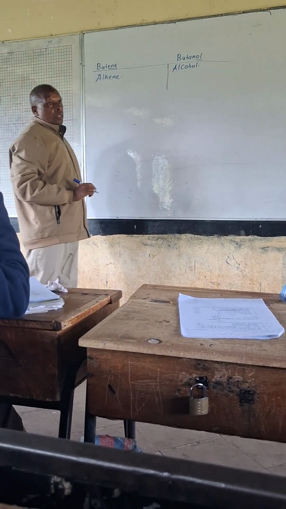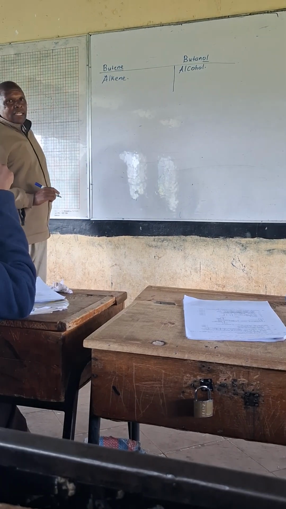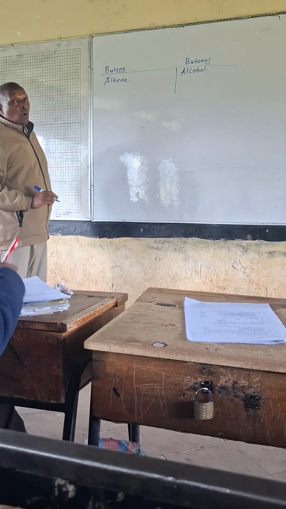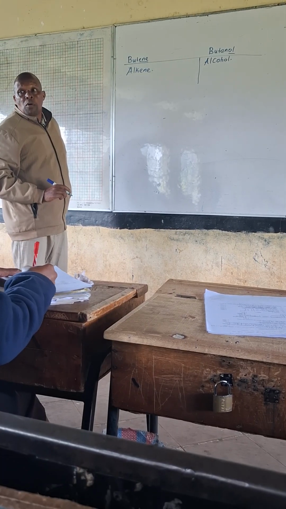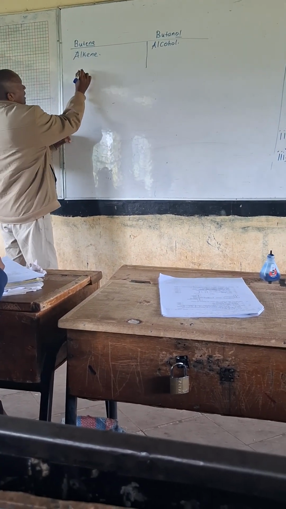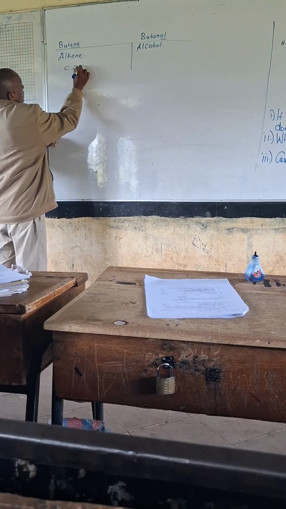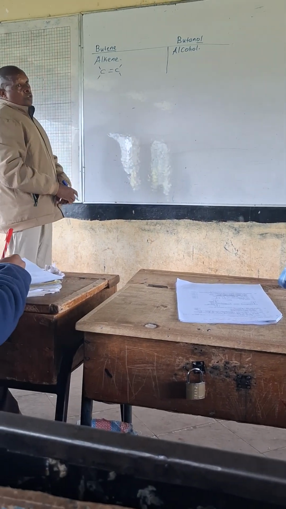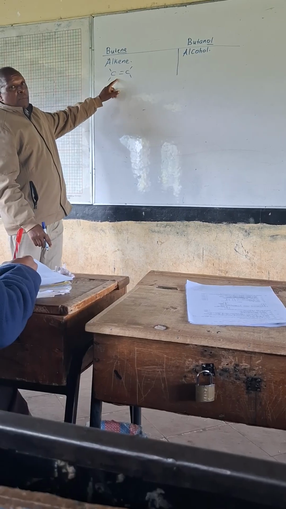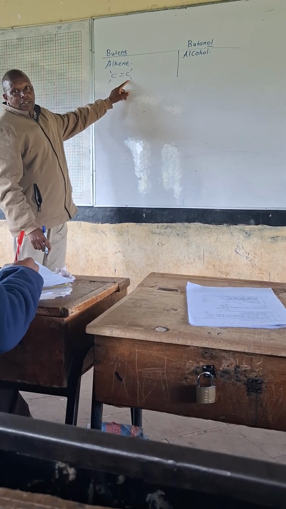Now, alkenes have at least one carbon-carbon double bond. So the functional group in alkenes is a carbon-carbon double bond. Are we together?